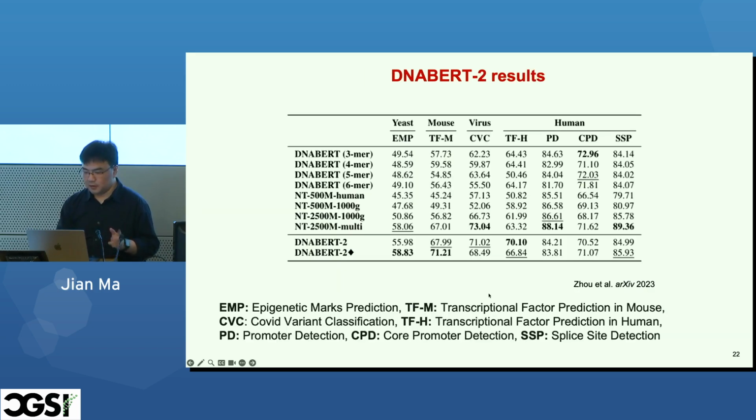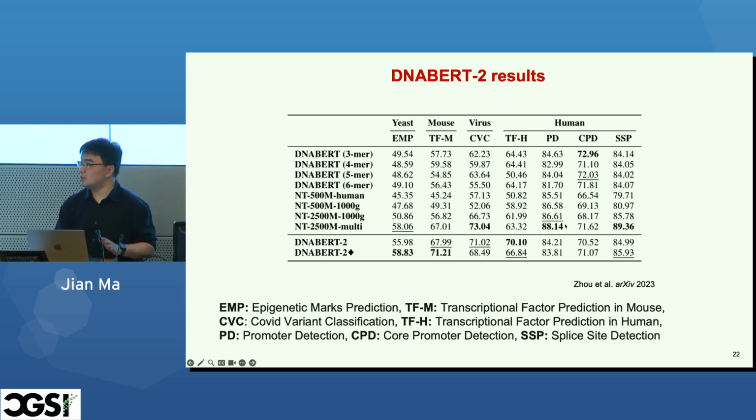But if you look at their results, the results are a bit confusing, I would say, because in different tasks the advantage doesn't seem to be that dramatic. Sometimes it does better than DNA-BERT, and there's another recent model called nucleotide transformer, which also uses the transformer architecture. But you can see that the performance listed below varies.